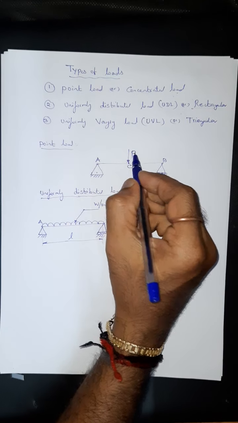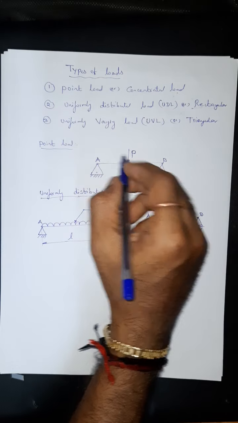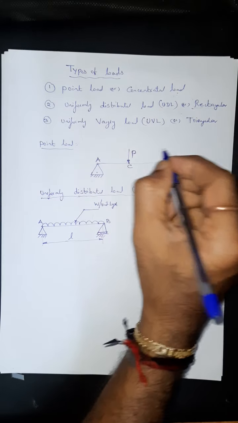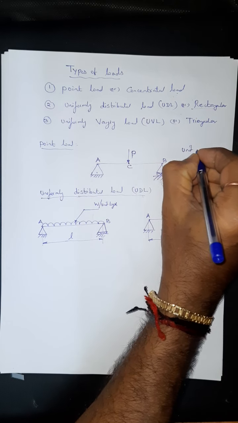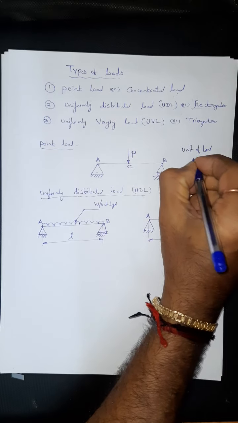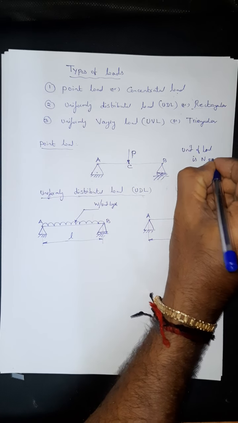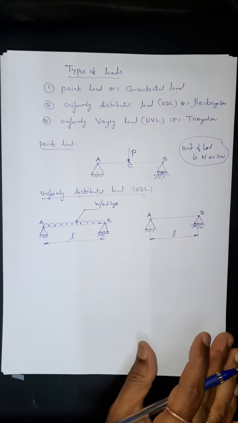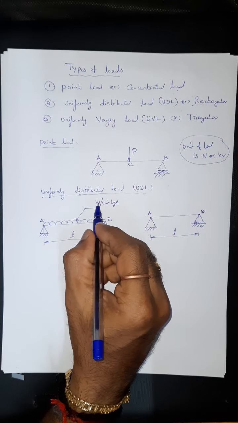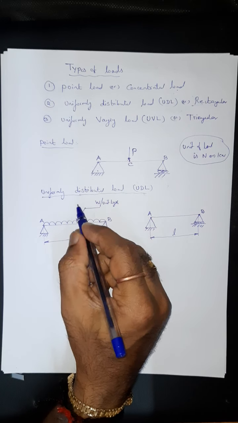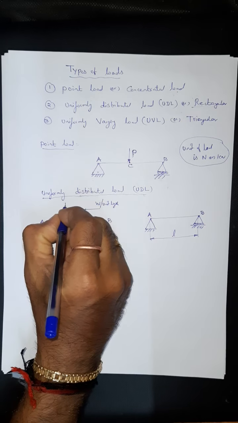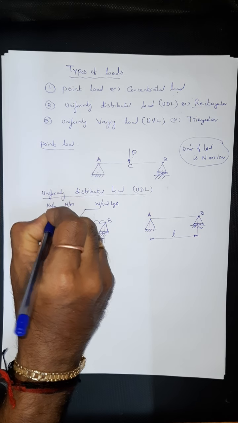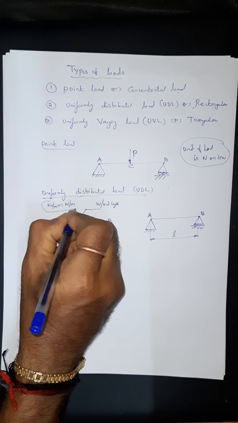As far as the point load, the unit of P, that is the force, is either Newton or kilonewton. Whereas the unit of the UDL can be represented as Newton per meter or kilonewton per meter.